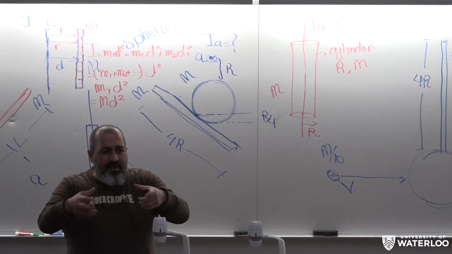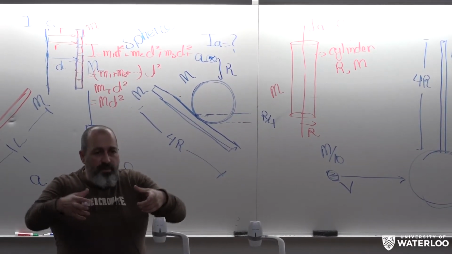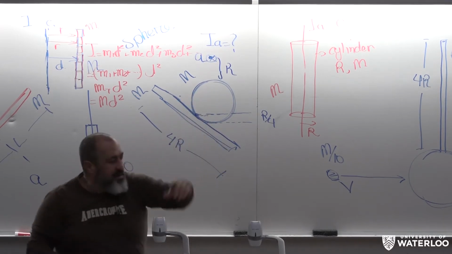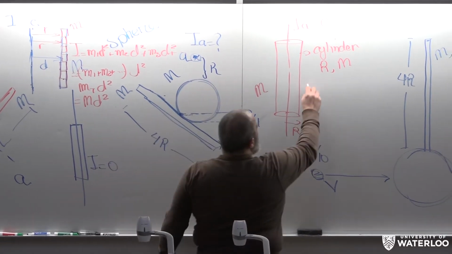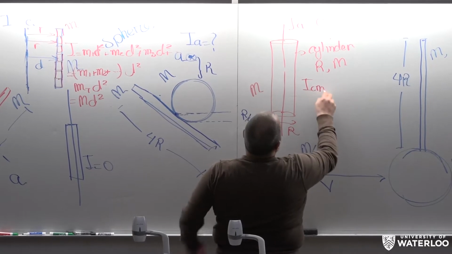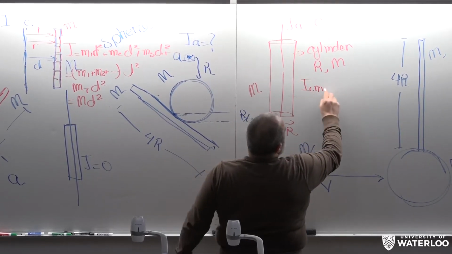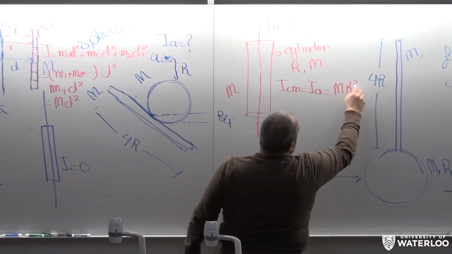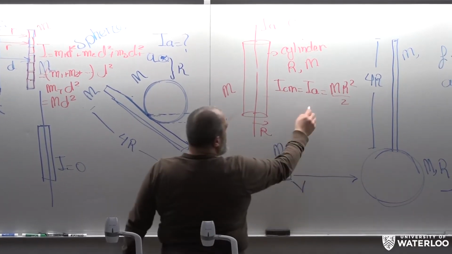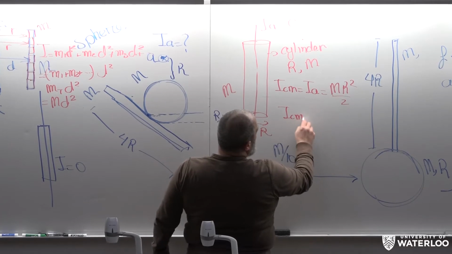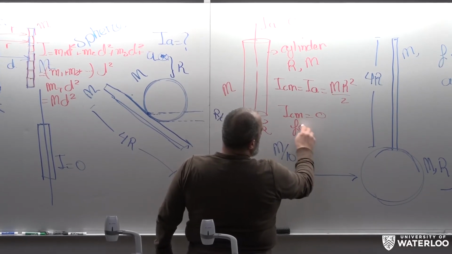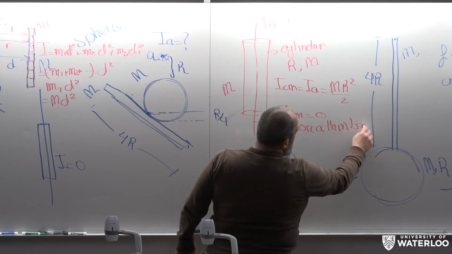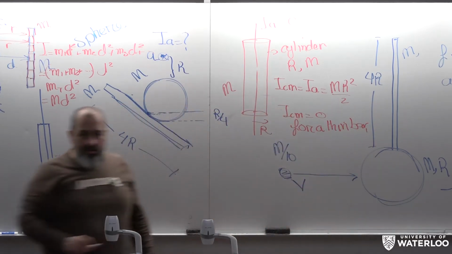It would be mr squared over 2, because it's a bunch of disks. It's just a tall disk, right? And you can show it that way. That would be ICM, if the axis looks like that, which is I about A in this case, is mr squared over 2. And then when r reaches 0, we have ICM equal to 0 for a thin bar. Okay? Cool? All right, so we're going with that.